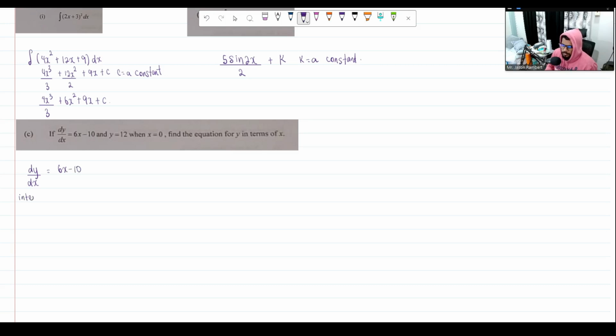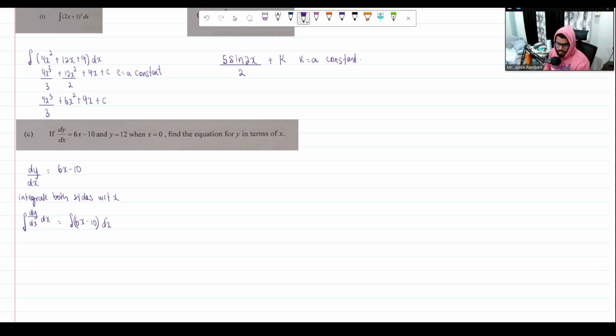Integrate both sides with respect to x. The integral of dy/dx with respect to x is equal to the integral of 6x minus 10 with respect to x.